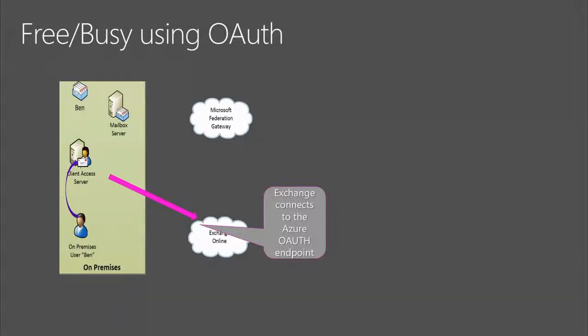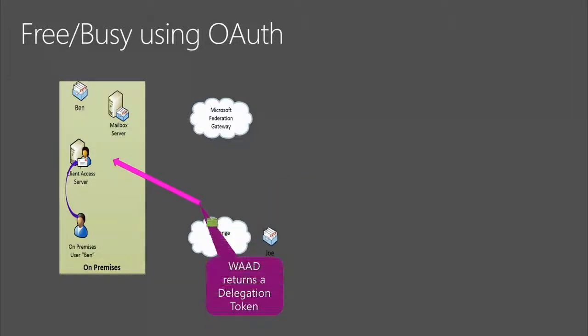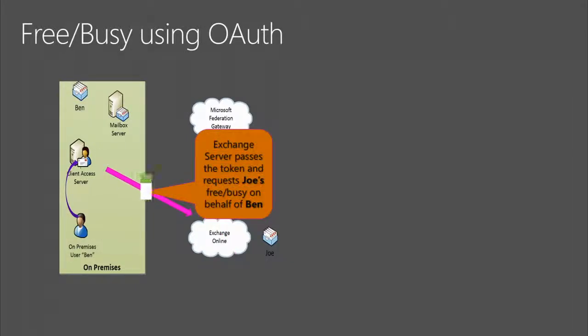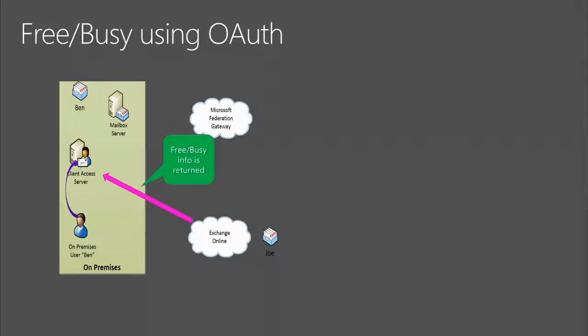So now you're probably going to a local data center or a somewhat local data center to get your OAuth authorization endpoint token. You get the token back. So Windows Azure Active Directory returns the delegation token. And then we send a SOAP request for FreeBusy along with the authorization token to the Exchange server, and we get the information back, and he sees FreeBusy.